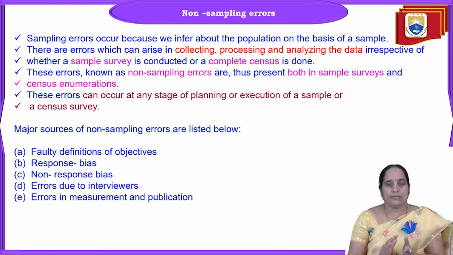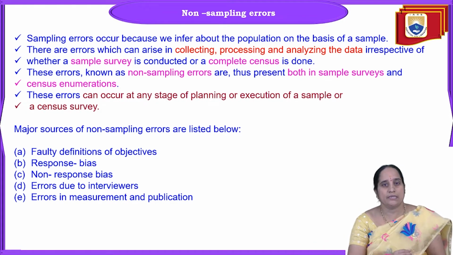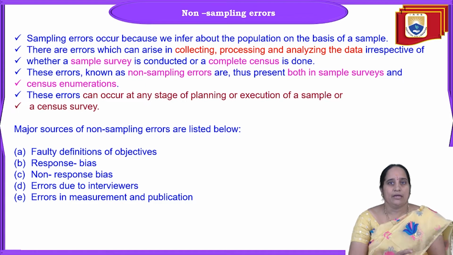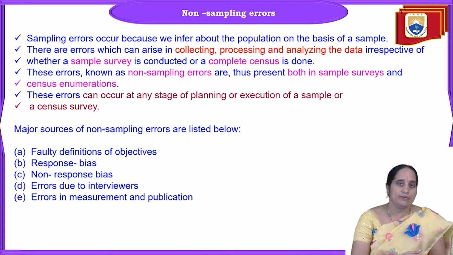Whatever the type of study, whether it is a census study or a sample survey, it doesn't make any difference. These errors may occur in the collection of data, at the time of processing the data, and sometimes while you analyze the data using appropriate statistical tools.